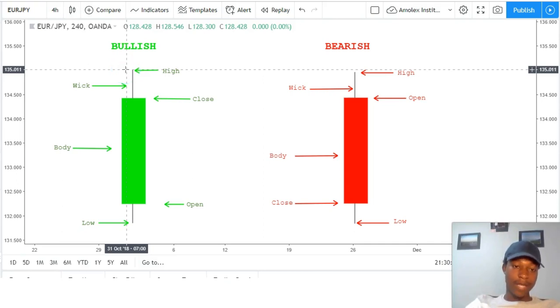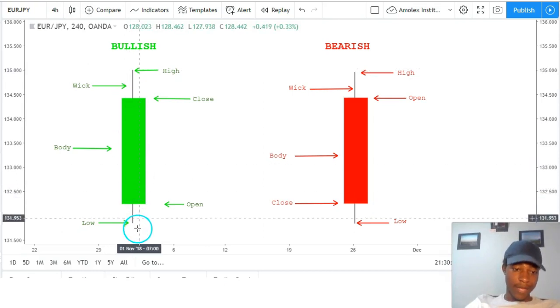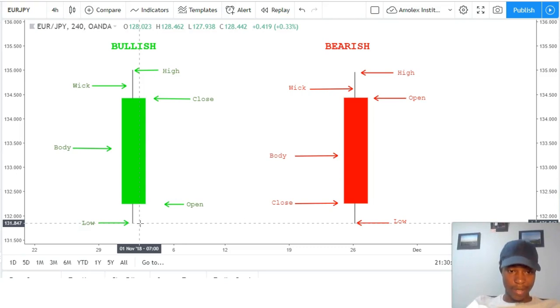That means that's the highest point the candle has reached, or the highest point the market has reached. And this low below this wick is called a low. That's the lowest point the market has reached, right?